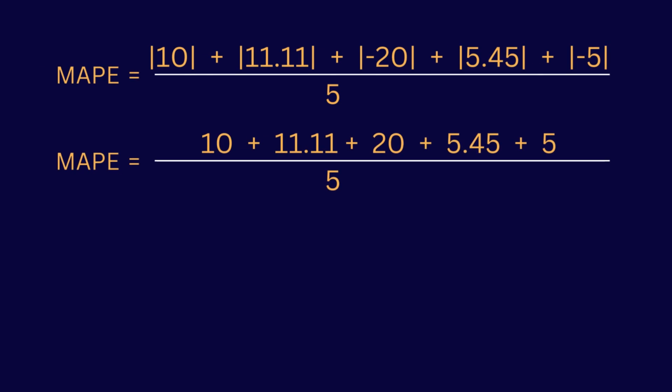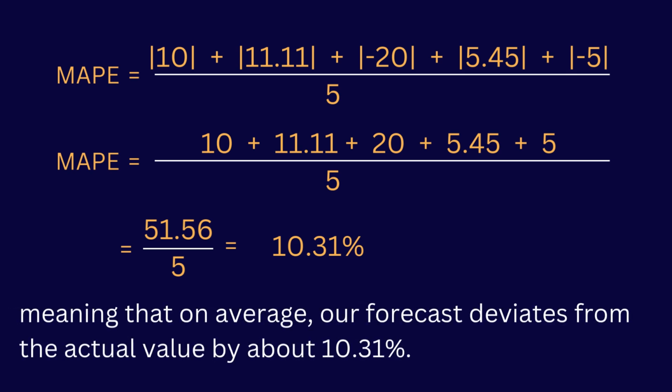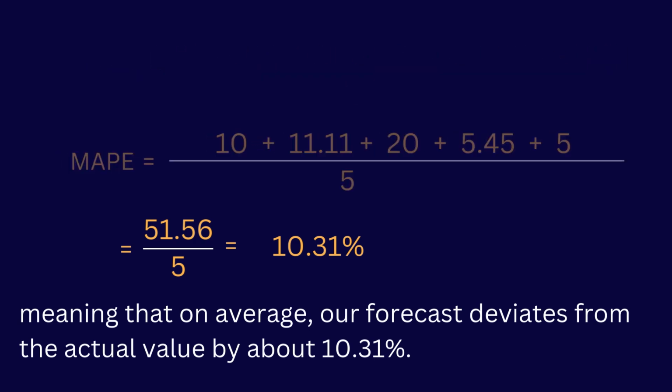So MAPE equals 10 plus 11.11 plus 20 plus 5.45 plus 5 divided by 5, equals 51.56 divided by 5, equals 10.31 percent. So our MAPE is 10.31 percent, meaning that on average our forecast deviates from the actual value by about 10.31 percent.